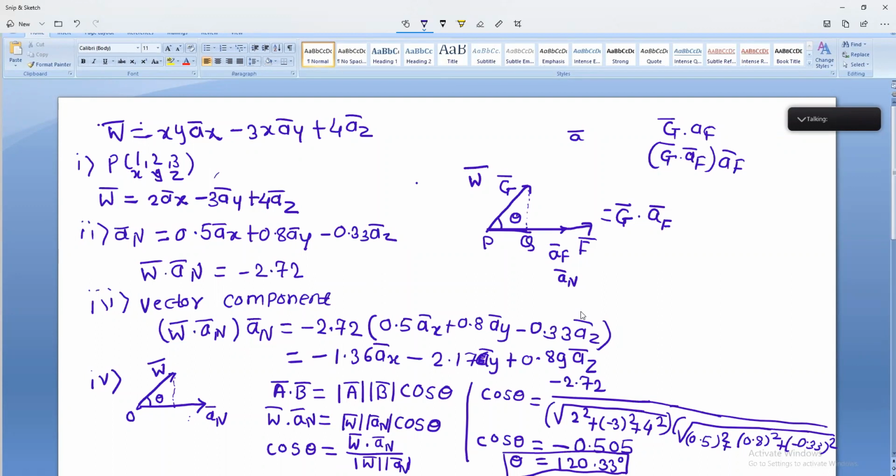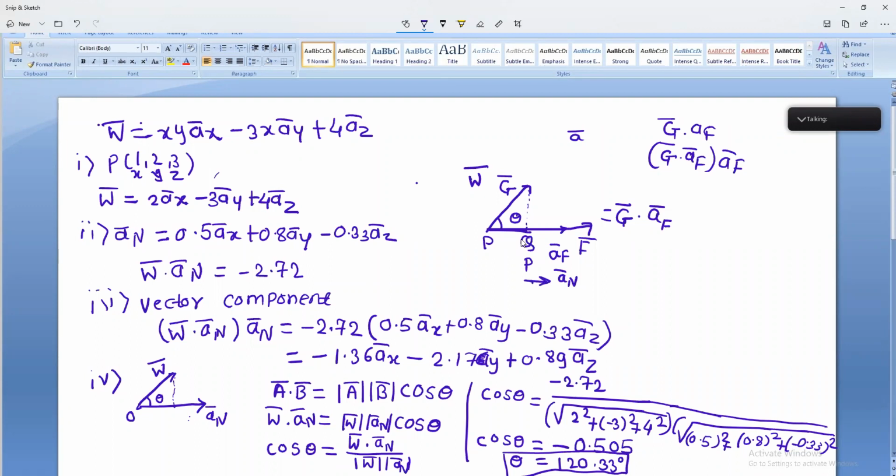Therefore we are taking the dot product of w bar and a bar n, so that we get the scalar component or scalar projection, that is the component of w bar at point P. Now here point P is given in the example, in the direction of the unit vector.